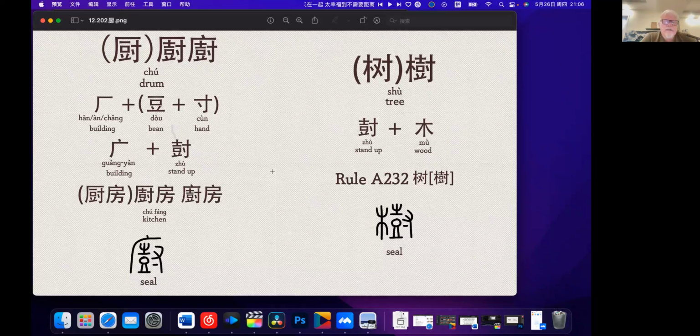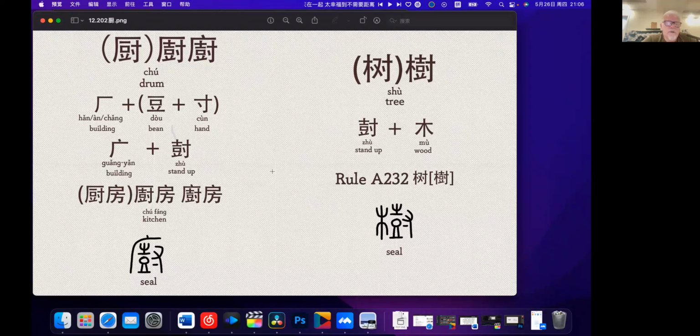So in the last frame, I gave you the character ju, which means to stand up. It's important because it's a phonetic in a couple of important characters. The character for kitchen, you can see on the bottom, the seal character, and on the top you have a guang.